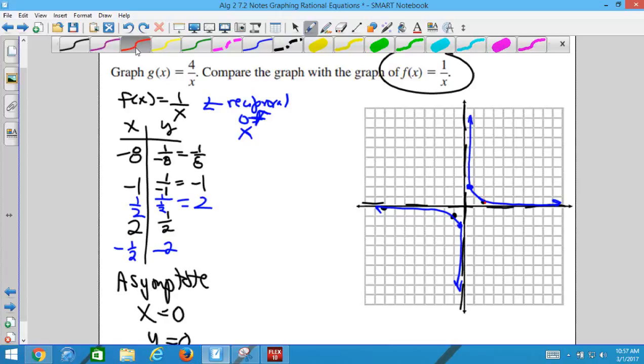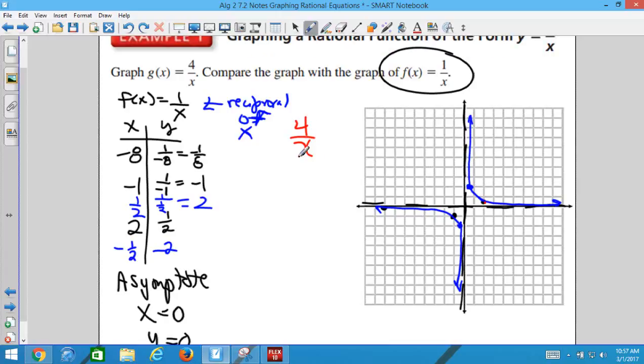So if I'm going to do 4 over x, 4 over x is the same as 4 over 1 times 1 over x. So that's using fraction rules. Remember when we multiply fractions, we go straight across? I would take 4 times 1 and 1 times x, and I'd get 4 over x.